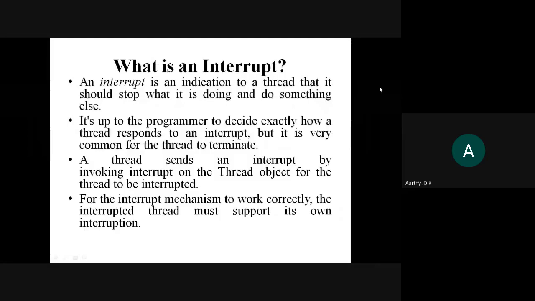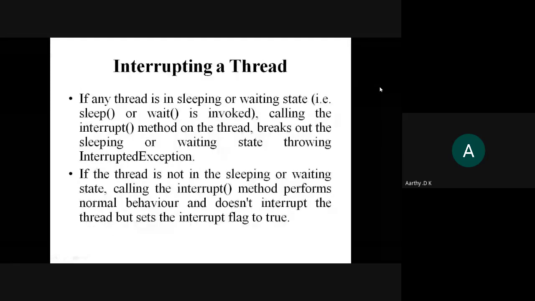The interrupt will stop the execution of the thread. We have methods to do the interrupt, and we will see those methods. So what is interrupting a thread? You have three different ways in which you can interrupt a thread.